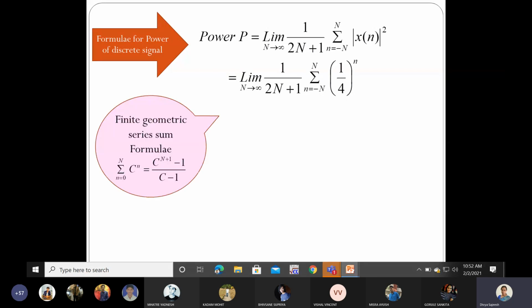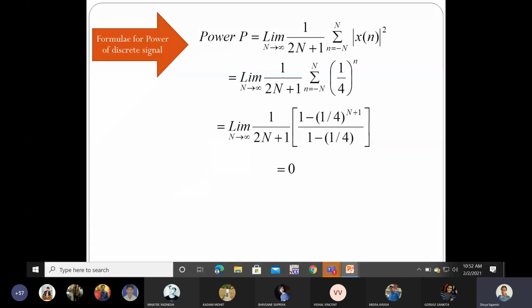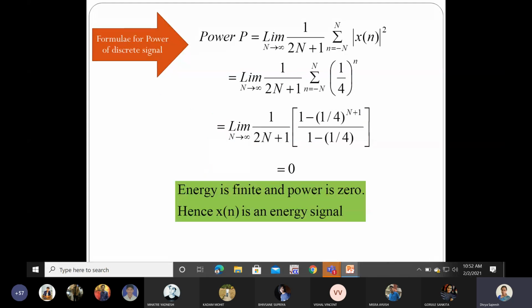This is a finite geometric series. So applying the formula, sigma n equal to 0 to n, c raised to n equals c raised to n plus 1 minus 1 divided by c minus 1. So applying that formula, you will obtain this. But when you apply the limit as n tends to infinity, you will get it as 0. So your energy in the signal is finite, but power is 0. Hence, the signal is an energy signal.